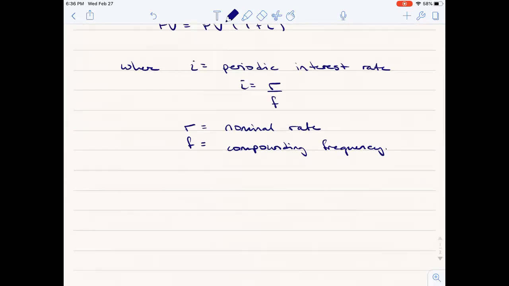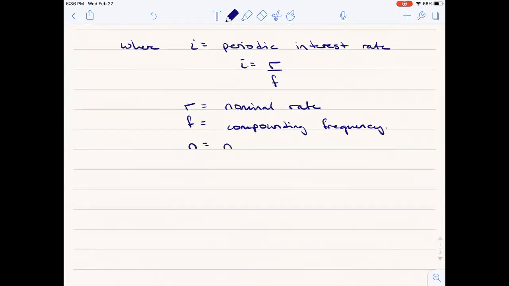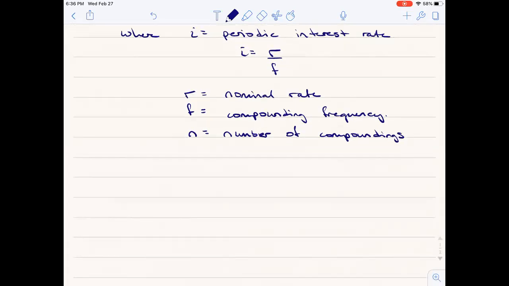And n is the number of compoundings. And n we calculate as time times frequency.